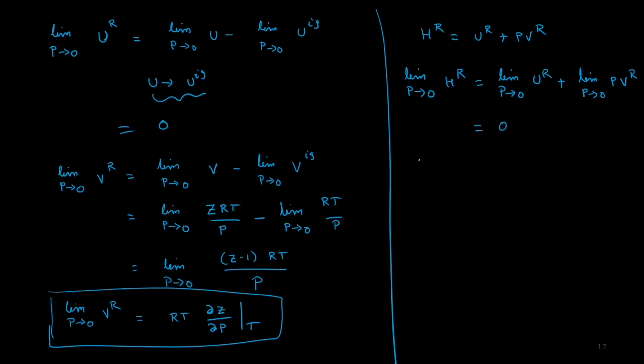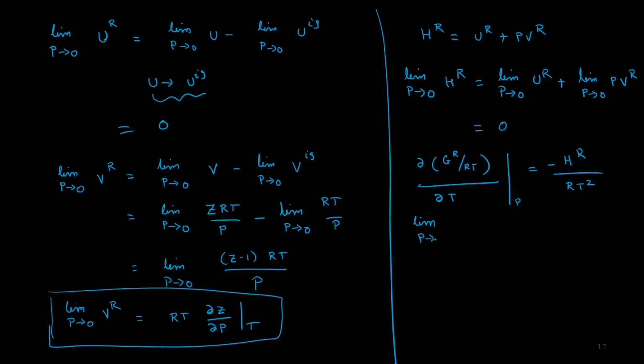What happens to G^R? The derivative of G^R over RT with respect to T at constant pressure we said is minus H^R by RT squared. And H^R is 0, so this derivative is 0 at the limit of 0 pressure.